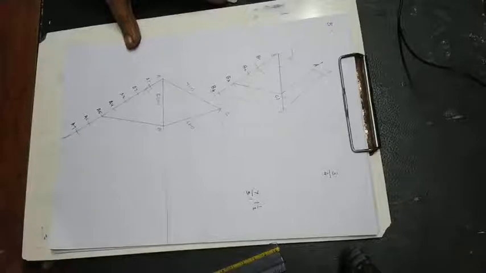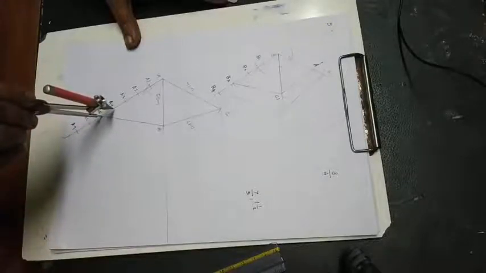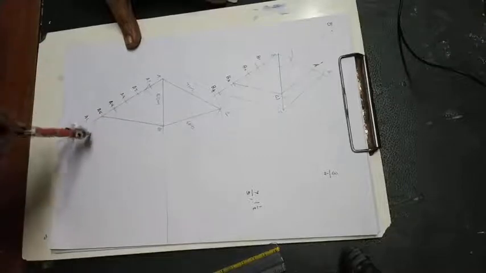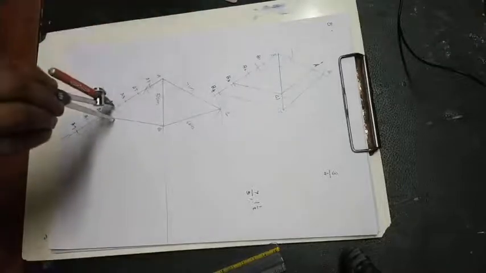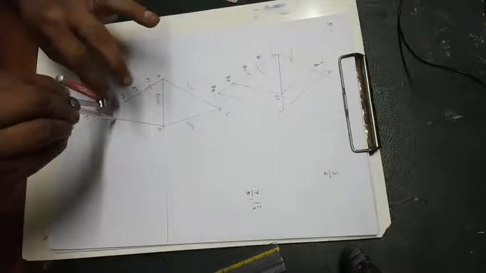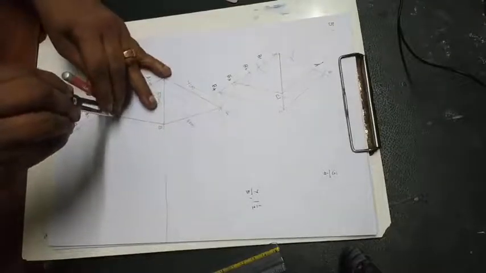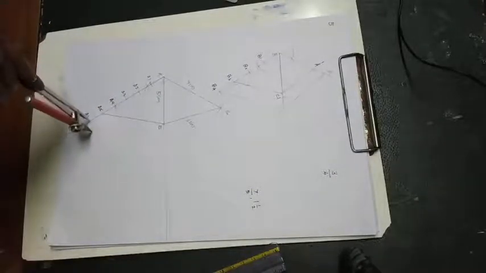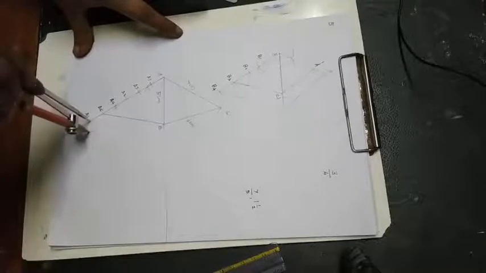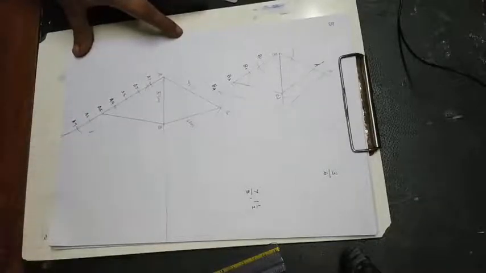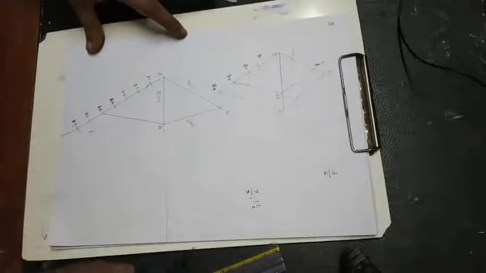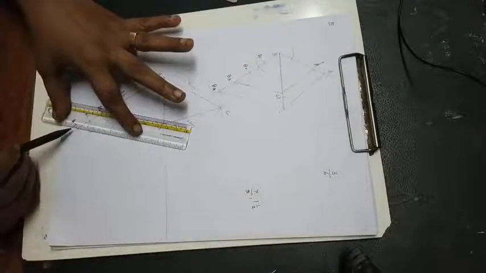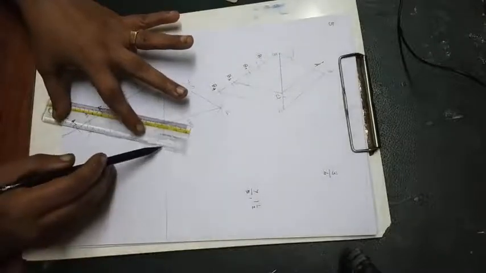How will you construct the same angle? First draw an arc. The same arc you draw here. Then take this measurement. Take this measurement. From this side, draw arc. So it will be the same angle you are getting. Now join that to the extended line.